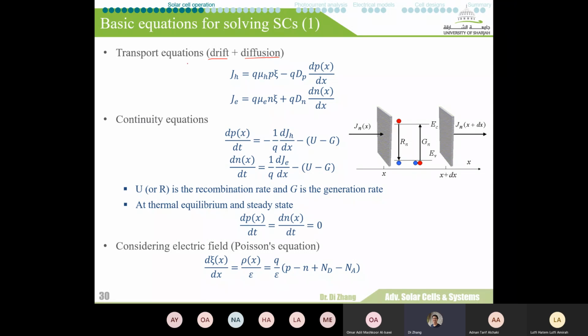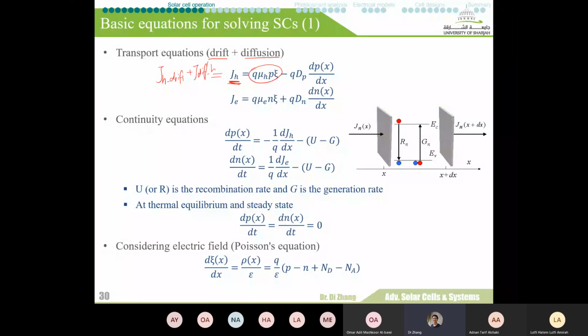If you talk about current from the hole carriers, then any kind of current will be the summation of drift plus diffusion. So you can write the total hole current as equal to the hole drift current plus the hole diffusion current.